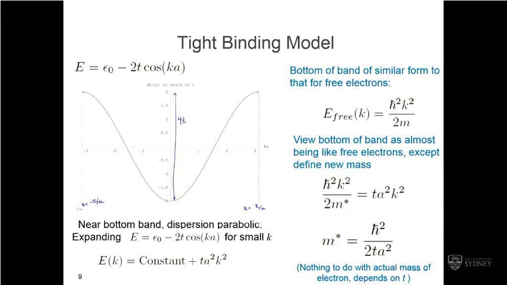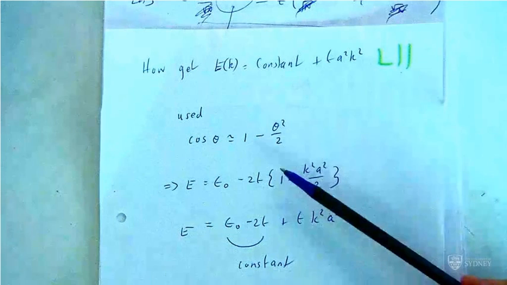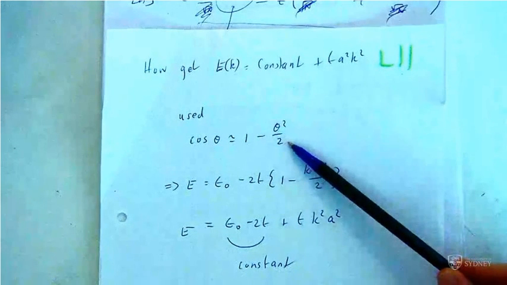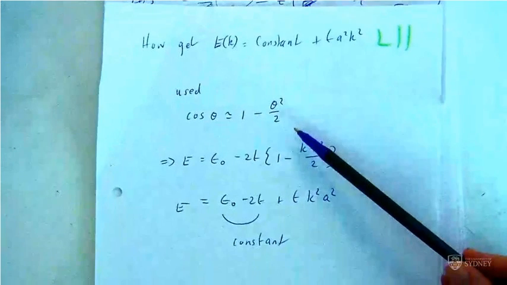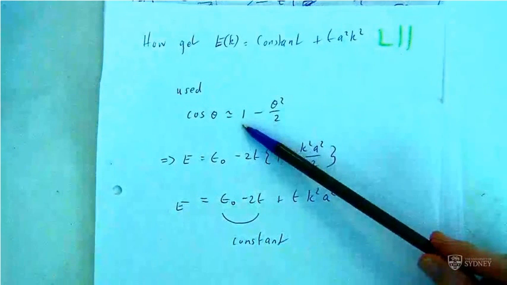It's just because of this here. Use this approximation, okay? For small angle, we can approximate cos of theta equals to this expression here.